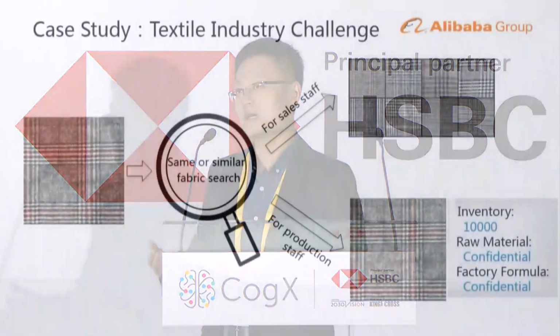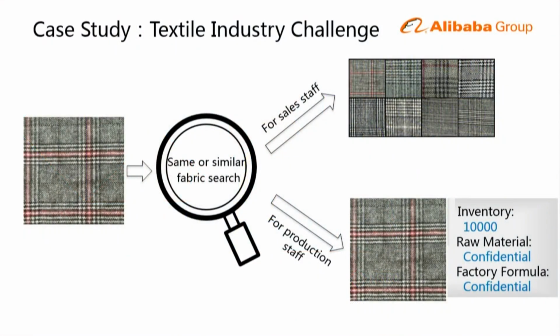Some of you might ask if the solution only works for e-commerce. The answer is no. This is another case of the image search service used in the textile industry, where we can do fabric search. The application scenario is as follows.